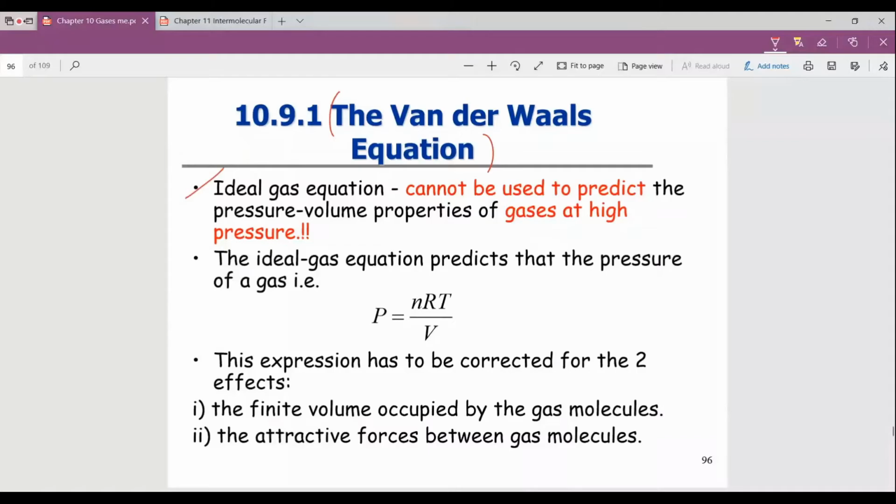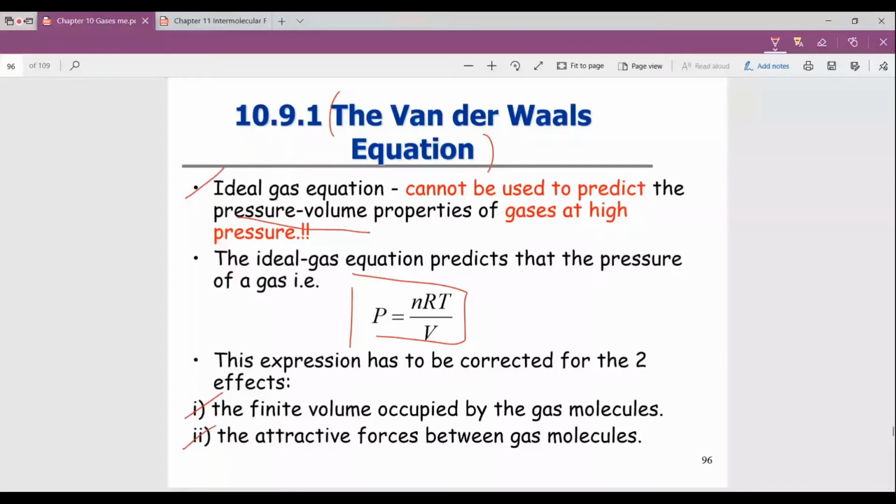First, we need to know that the ideal gas equation cannot be used to predict the pressure-volume properties at higher pressure. So for the ideal gas equation, we use this one, the original. But this expression is corrected by two effects: the first one is volume, and the other one is pressure, the attractive force between the gas molecules.